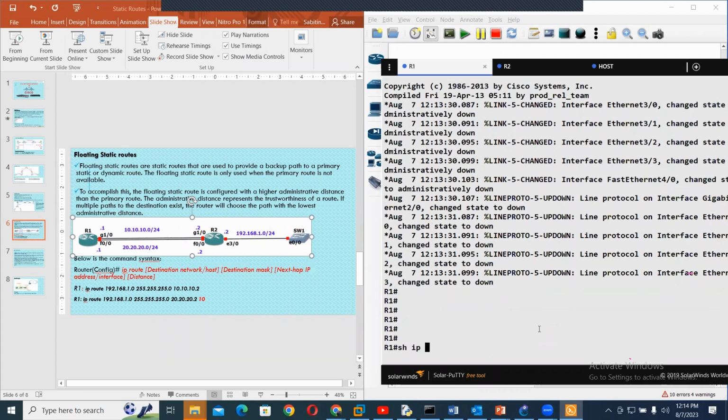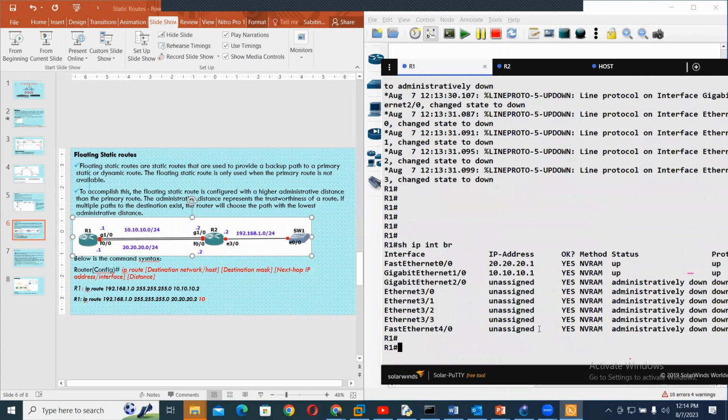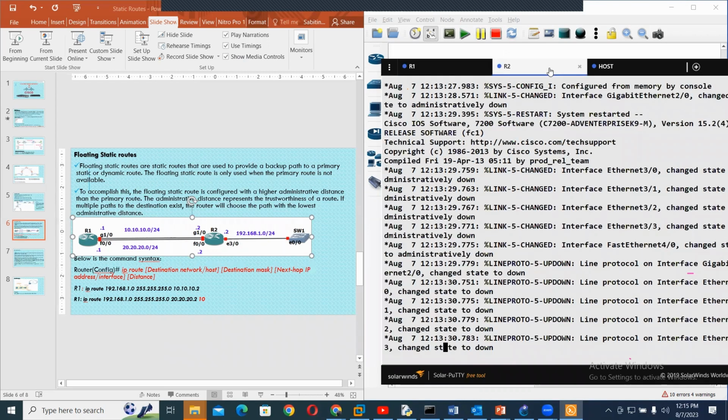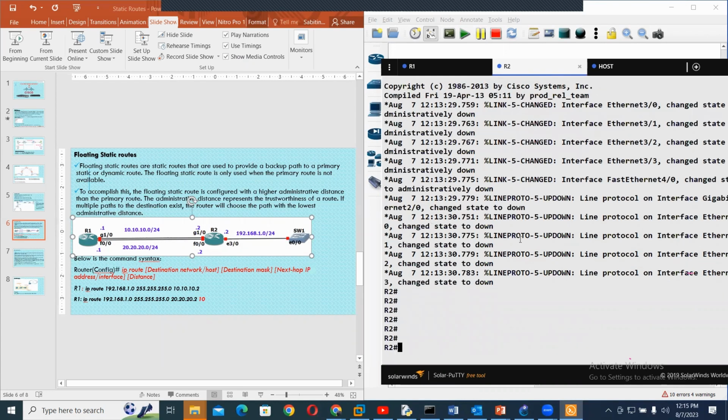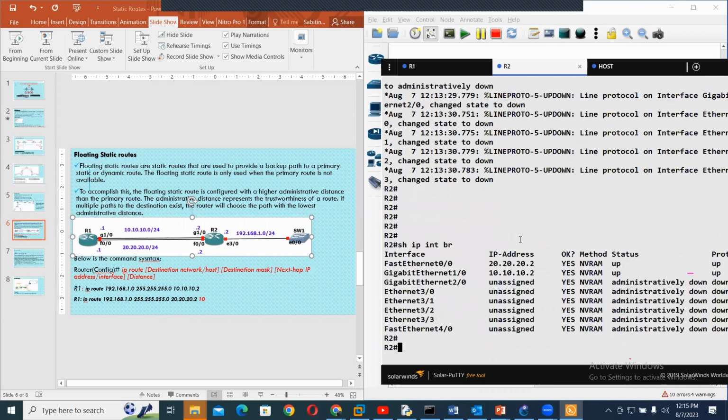Show IP int brief. Yes, the interfaces are up and running with IP addresses.